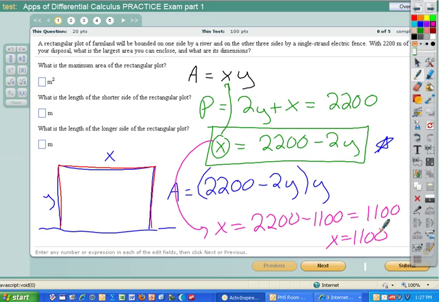So then we have 1100 by 550. So if we fill those in on our picture, x is 1100, and that's 550. Let's start putting the answers in.